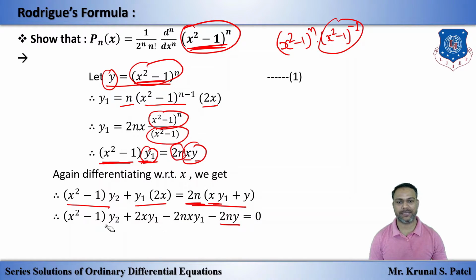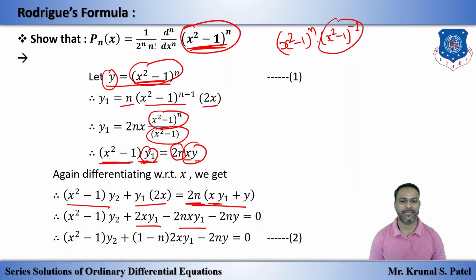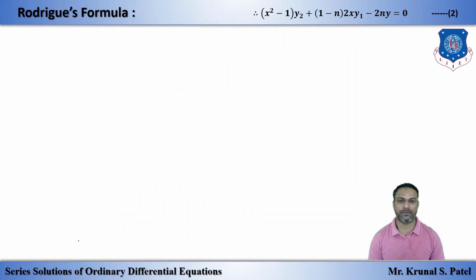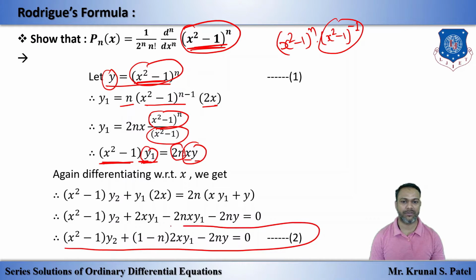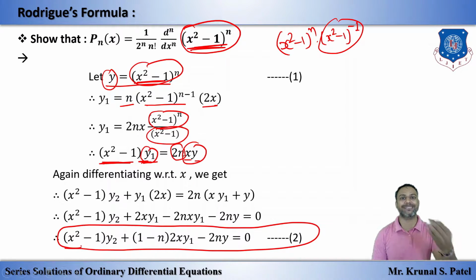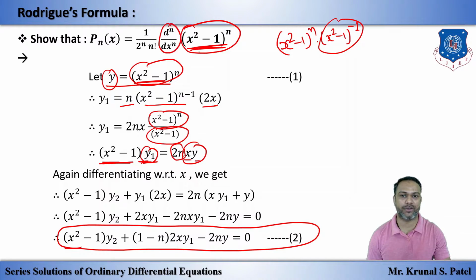Now we will take y1 common from these two terms, so we have 2x y1 times (1 minus n). And now we can take the minus sign common from all these terms. This is our equation number 2. We will use this equation for the next derivative, that means the nth derivative, because we need the nth derivative of this term.